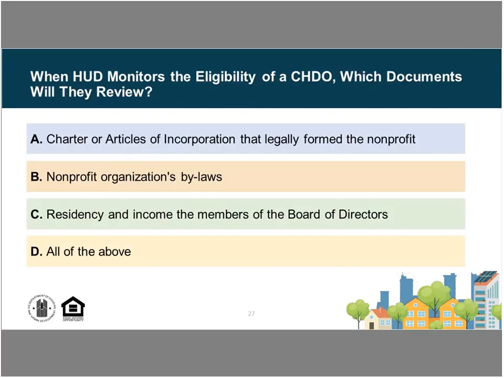I'm going to pause for a moment and ask Medora to post this poll as a knowledge check, just to make sure you're still awake, because I know this is very dry stuff. When HUD monitors the eligibility of a CHDO, which documents will they review? Charter, articles of incorporation, nonprofit bylaws, residency and income of members of the board of directors, or D, all of the above?